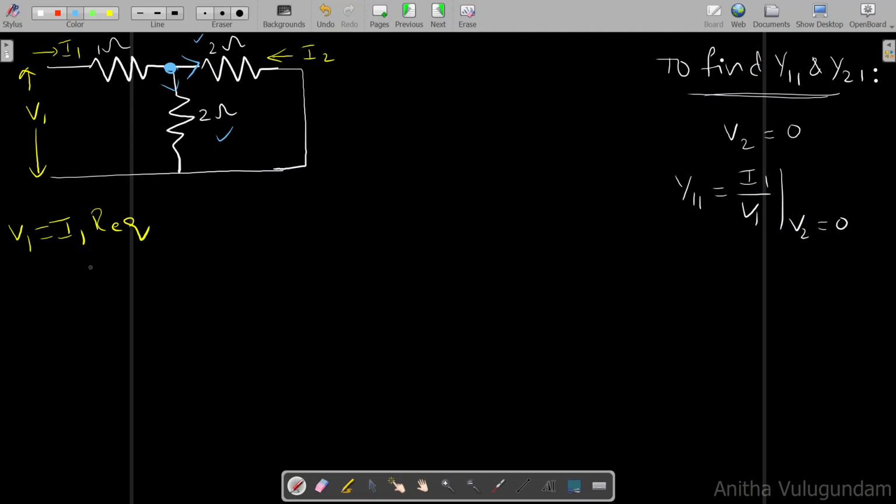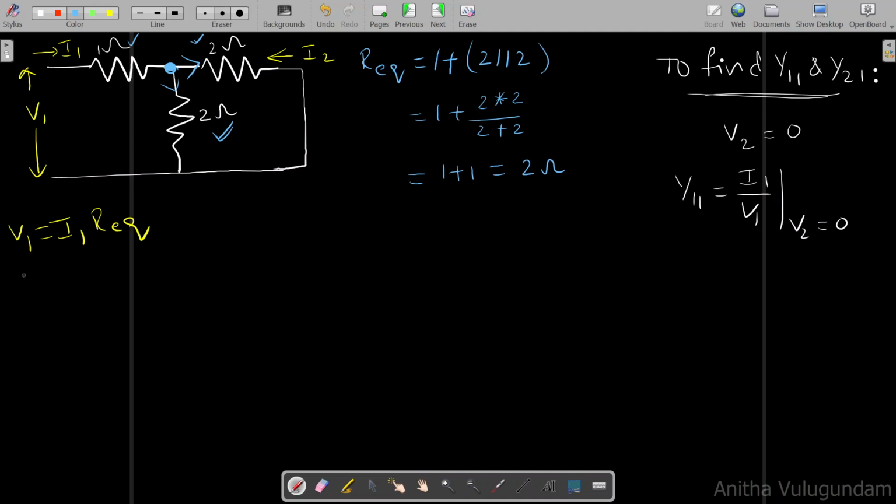R equivalent can be written as 2 parallel to 2 plus 1. So 1 plus 2 into 2 divided by 2 plus 2, so 1 plus 4 by 4, 1 plus 1, 2 ohms.